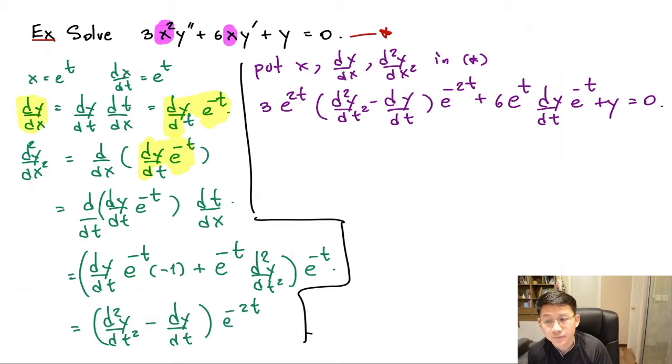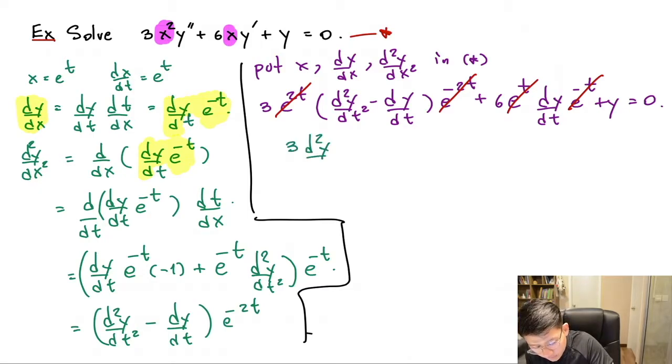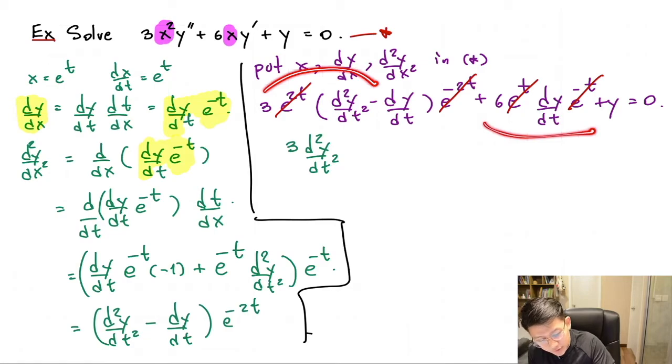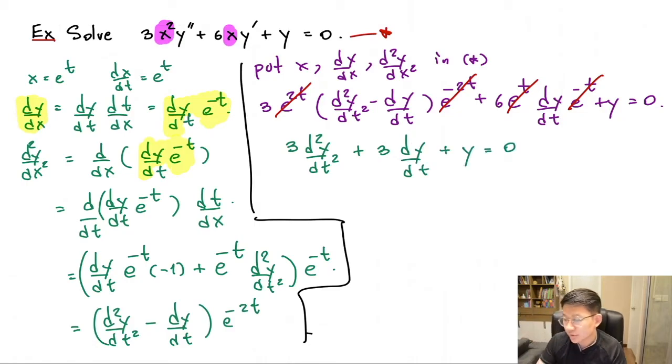Here again, guys, let's cancel out, right? So what we have is 3 d2y by dt2, and here we have minus 3 dy by dt, and here we have 6 dy by dt, so we still have plus 3 dy by dt, and then plus y equals 0.